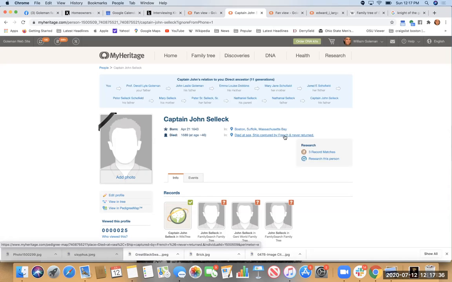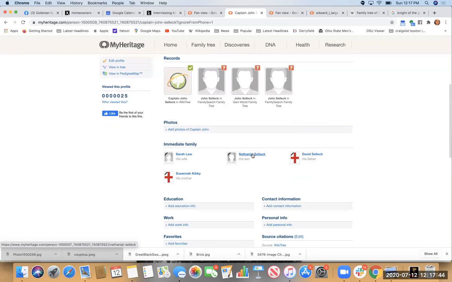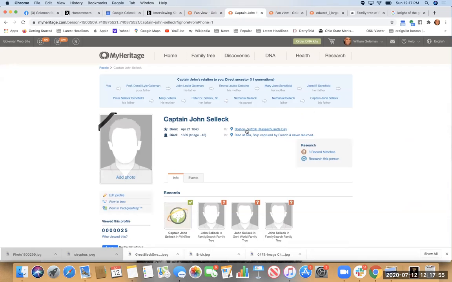His ship was captured by the French and he never returned, which is kind of sad. But it turned out that his dad and his mother were both from England, and Captain John was born in Boston, in the Massachusetts Bay settlement.